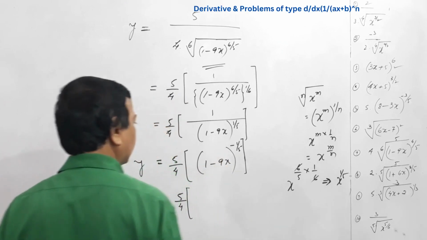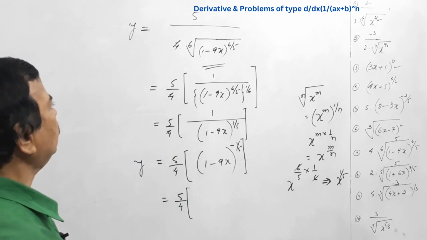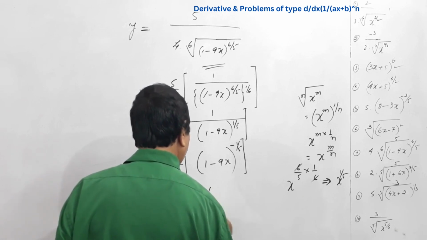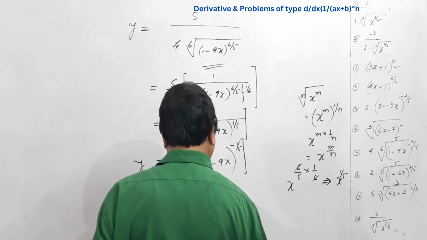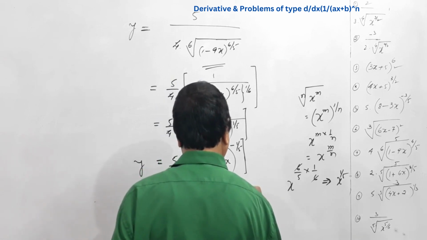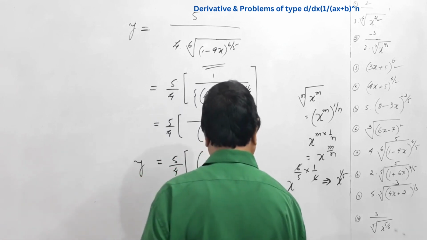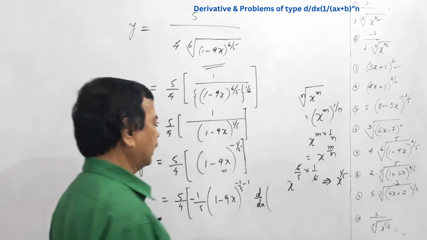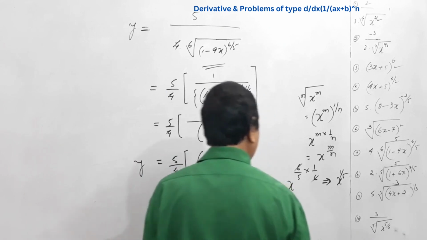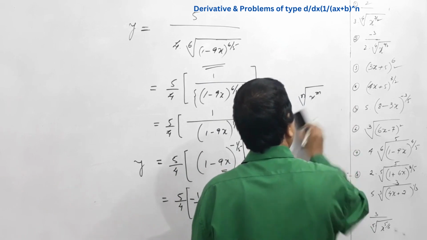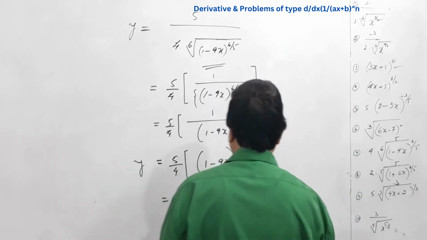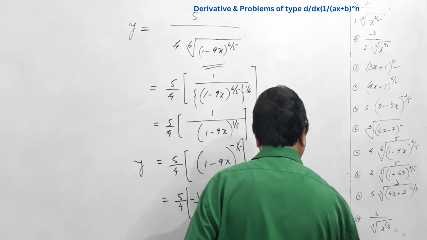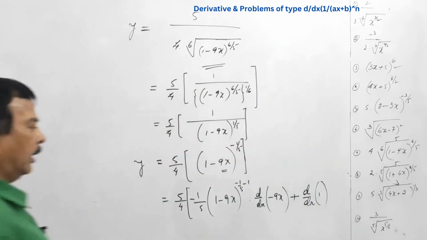So this becomes minus 1 by 5, into 1 minus 9x to the power of minus 1 by 5 minus 1, into d by dx of this portion, that is minus 9x, so minus 9x, we have plus sign here as plus 1, so plus d by dx of 1 finally, and close the bracket.